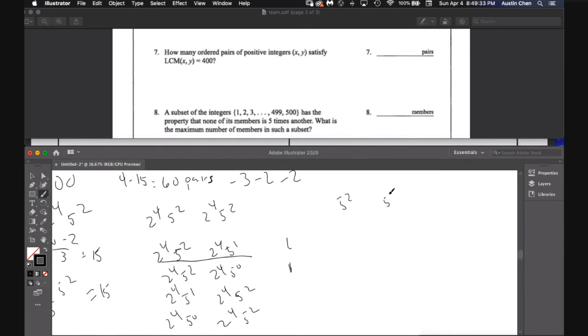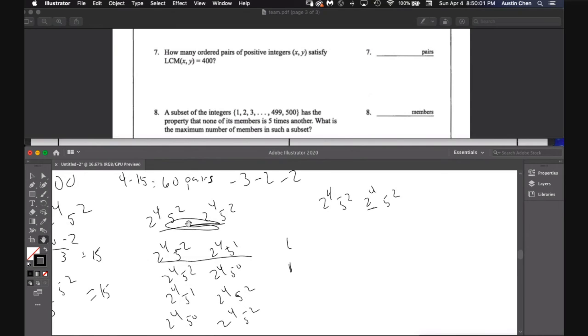So let's say both have 5 squared, and then let's say x has 2 to the 4. Well, the y's 2, we can't have it as 2 to the 4, because then we're overcounting the cases. We're trying to count the overcounted cases of this one again, but we don't want to overcount the overcounts, right?